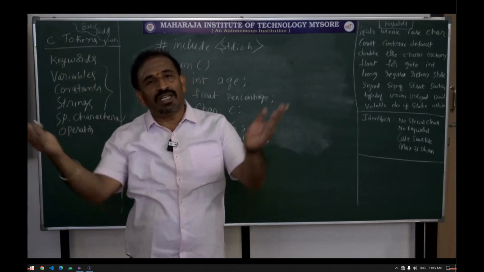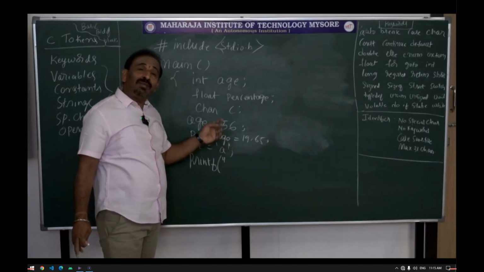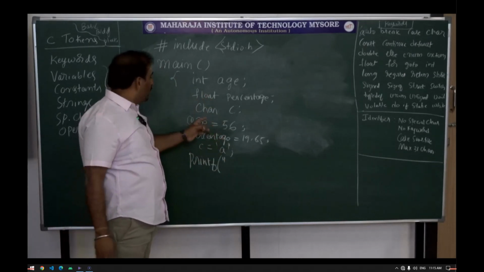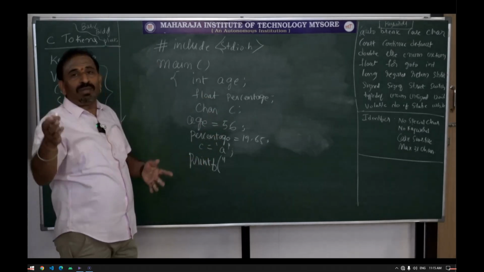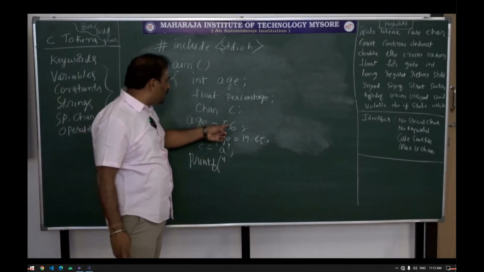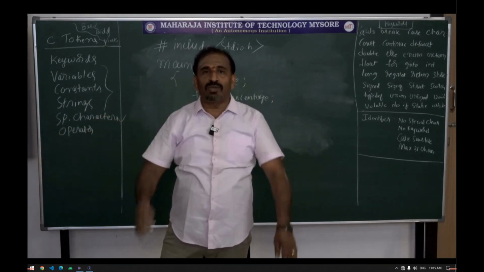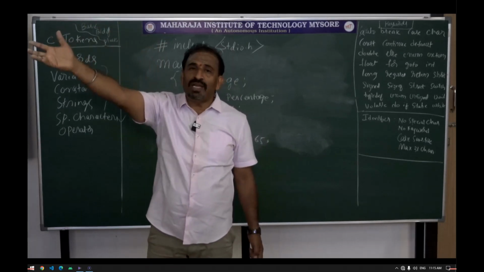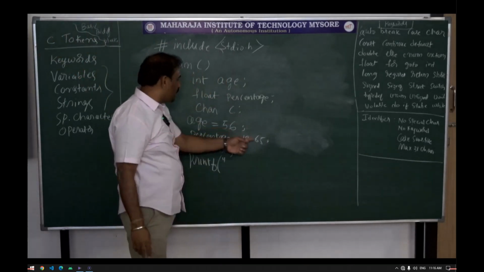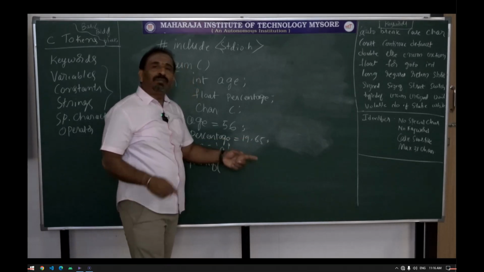You can write something within these quotes. Now I am writing to print these values onto the monitor connected to the computer, like 56, 19.65, and A, by using the printf statement.